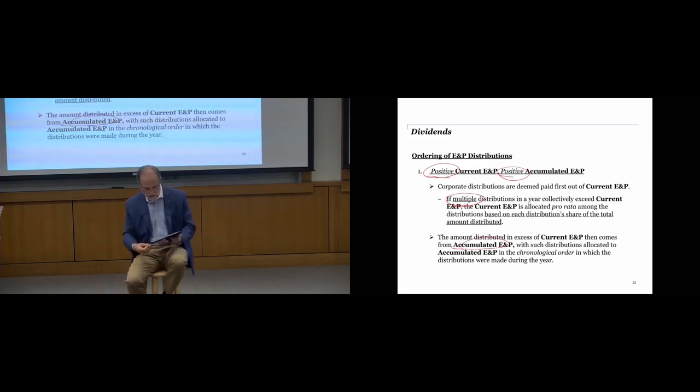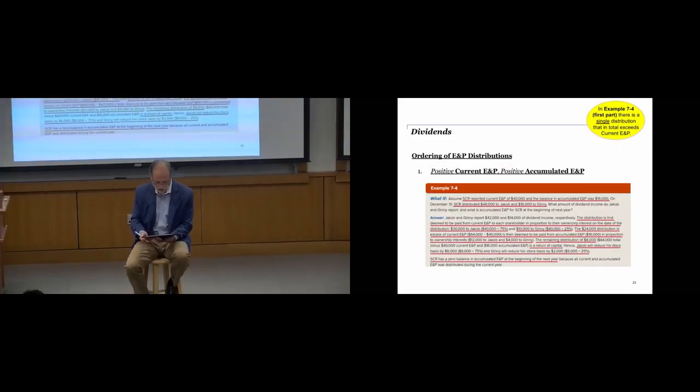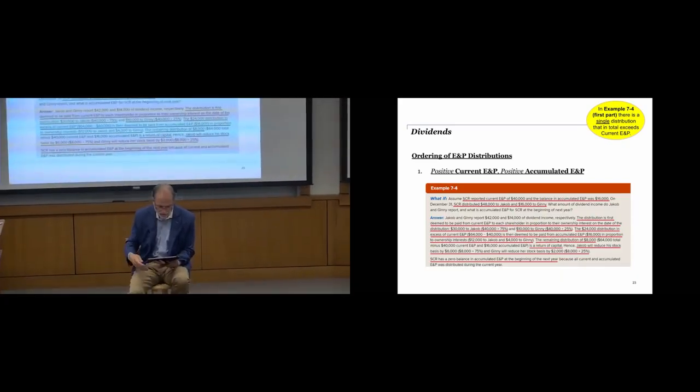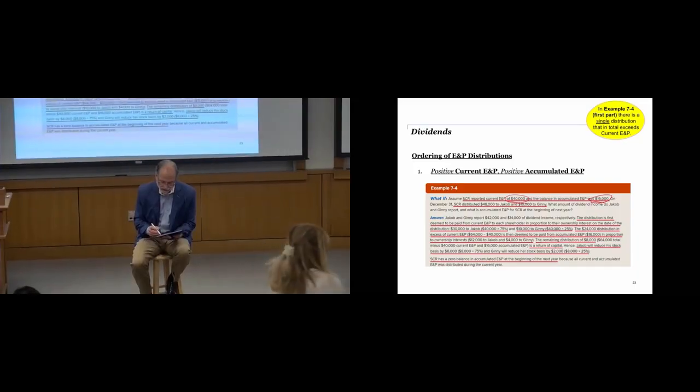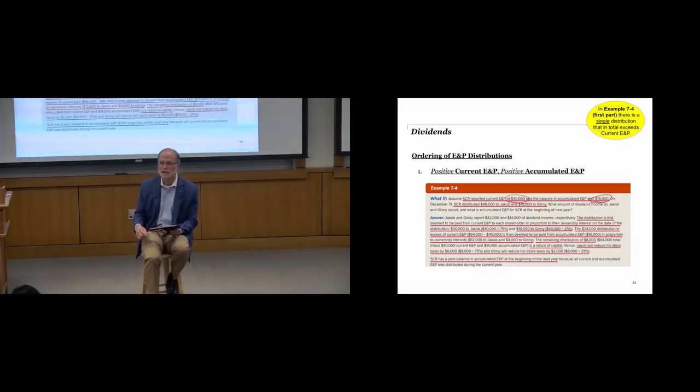So just applying those principles to the last 2 examples. In this example, we had current E&P of 40 and accumulated E&P of 16. The first thing you've got to do whenever you have an example is ask, what bucket am I in? Well, positive current, positive accumulated, so I'm in the first bucket, right?